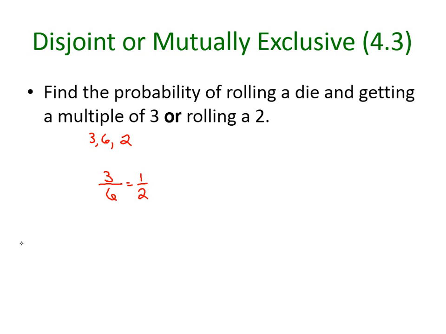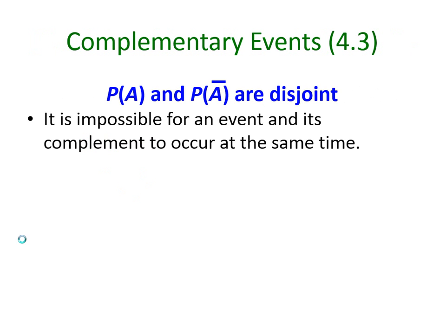Now, it still leaves me other options. I'm not looking at all possible other options being listed, because you could still just roll a 1 and not meet either one of those criteria. But there's no way to have both of those things happening simultaneously. Now, when we talk about complementary events, these are even more specific than just being disjoint. Disjoint means they can't happen at the same time, but there might be other options.